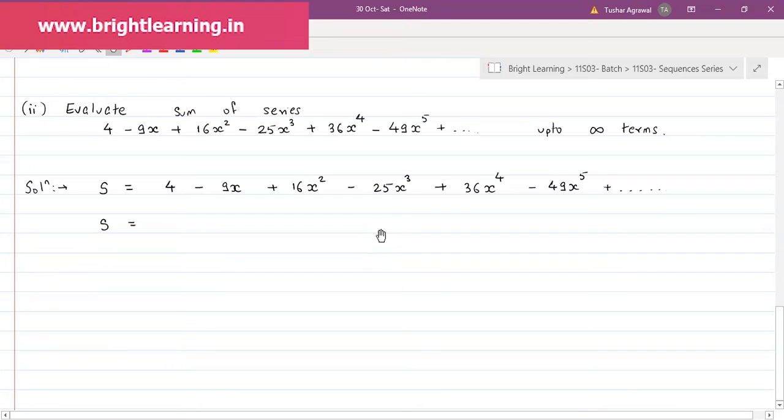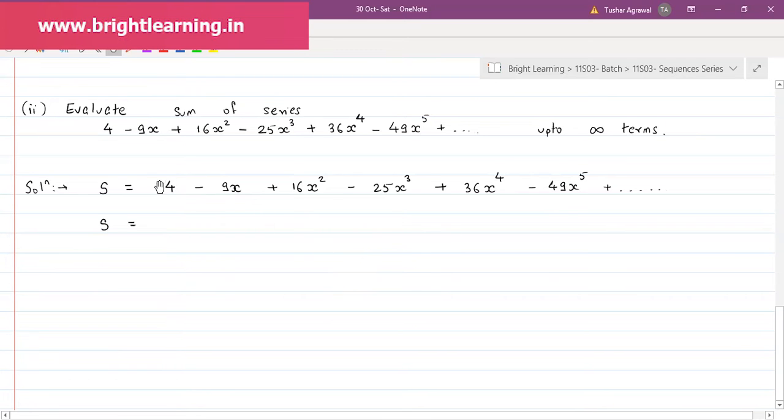So maybe that gives us a hint that we can do some subtraction. But here the signs are alternating. Two problems are there. First, if everything had been positive, plus 4 plus 9x plus 16x square plus 25x cube plus 36 and then plus 49, it would have been comparatively easier.